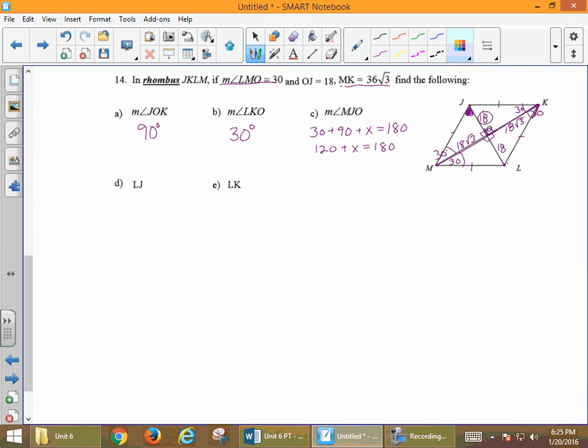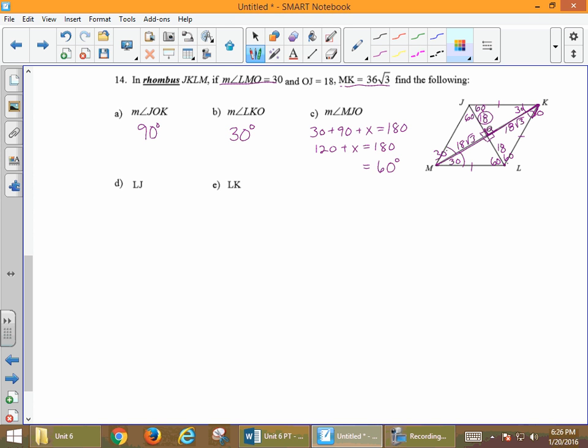So that means this angle is 180 minus 120, or 60 degrees. So those are 30, 60, 90 triangles, which is great. We've learned a lot about those. So 60, 60, 60, 60. So I think I know about everything that they want us to know.